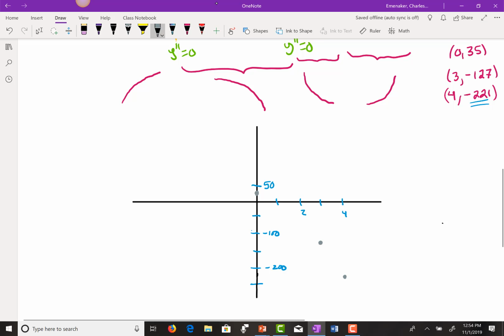Then what we want to do is take a look at what the shapes of the 4 different pieces of the graph are. Our leftmost section is going to need to look like that. I was sharing with somebody earlier in office hours, I don't know if this will work for you, it works for me.